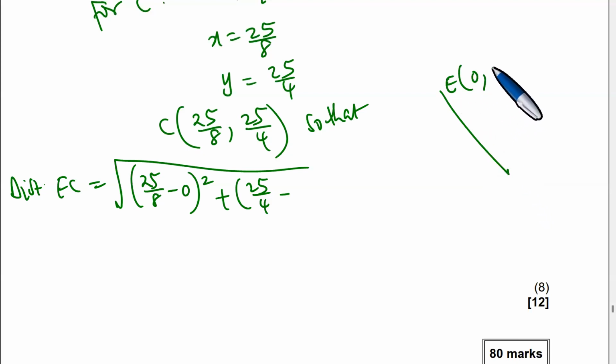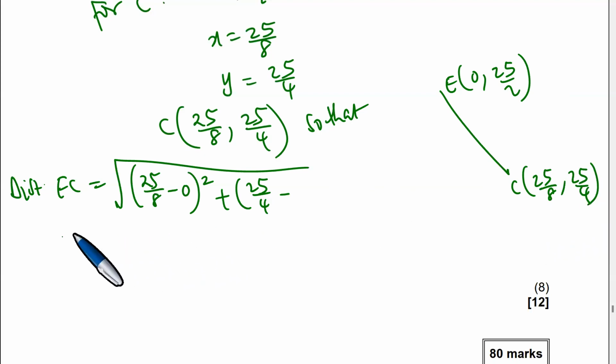So E is (0, 25 out of 2), and C would have 25 out of 8, 25 out of 4.